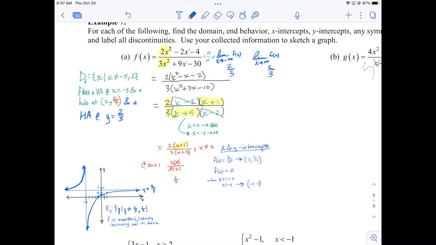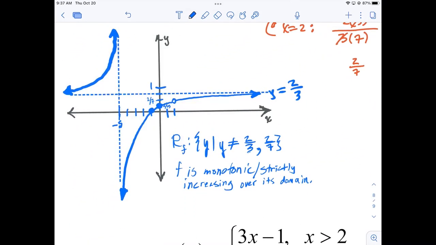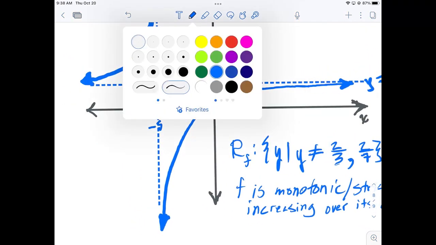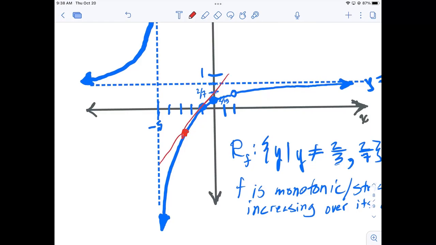If the numerator is factored, into infinity this way. How fast is the graph changing?